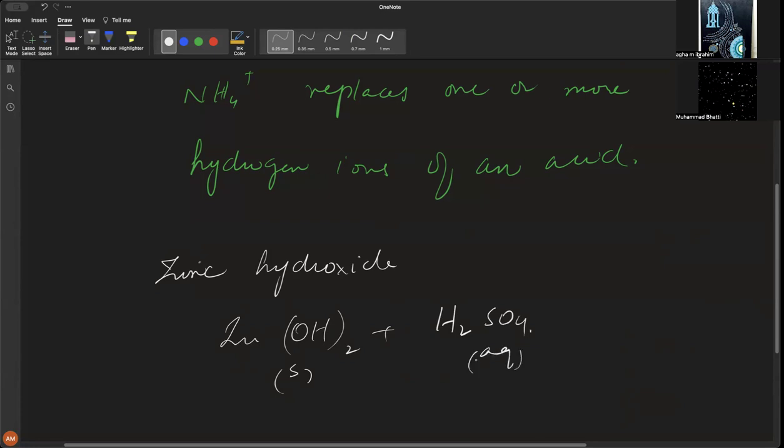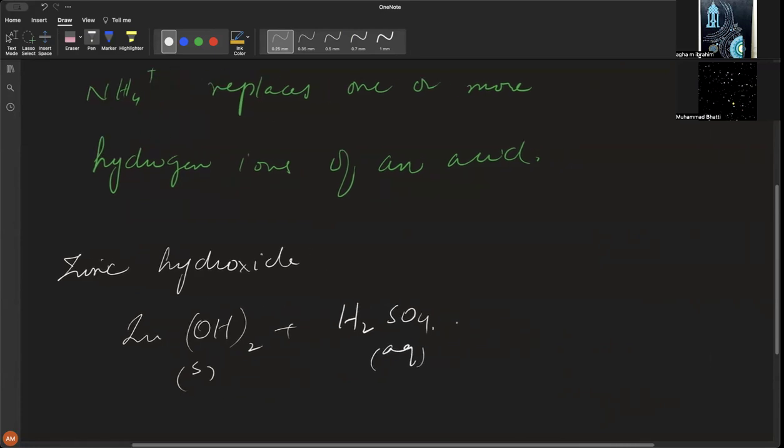This is an acid. When the reaction takes place, we see that zinc has replaced the hydrogen, and this is what our equation is all about. You understand this? All right.